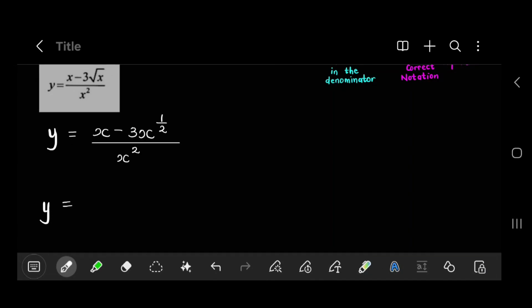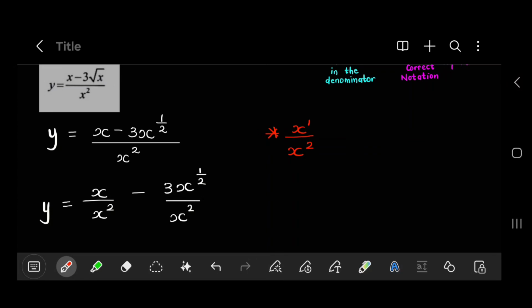So we can write this as x over x squared minus 3x to the power 1 over 2 over x squared. So all we've done at the moment is we've just split up the fraction. Now we're going to focus on getting rid of x in the denominator. And I'm just going to work with each term separately on the side so we can see what we get.